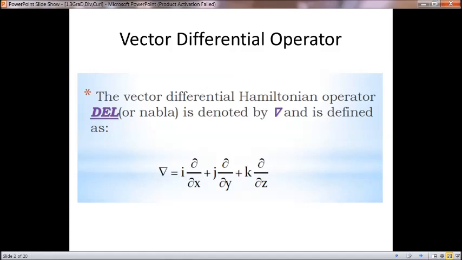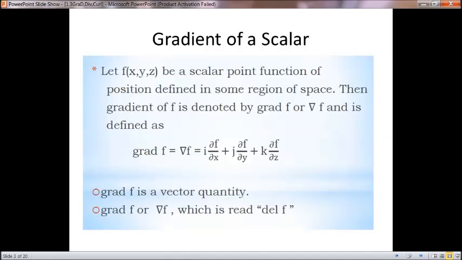That is the vector differential operator. We are differentiating the function over each and every direction using the vector components. So it is given as del is equal to i into dou by dou x plus j into dou by dou y plus k into dou by dou z. Based on this only we have all three topics: gradient, dot and cross products.